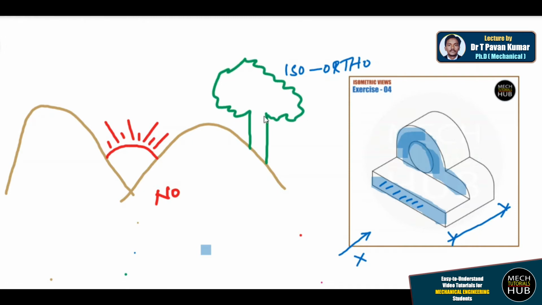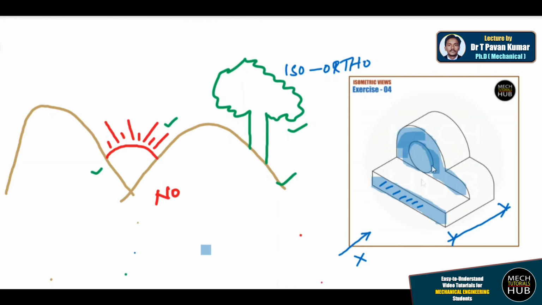This is how we feel, but there is some distance between the mountain and the tree. There is a lot more distance between the mountain and the sun, but still all of them look like they are on a single straight alignment, which is not correct all the time, which is not at all correct. Try to understand this concept.